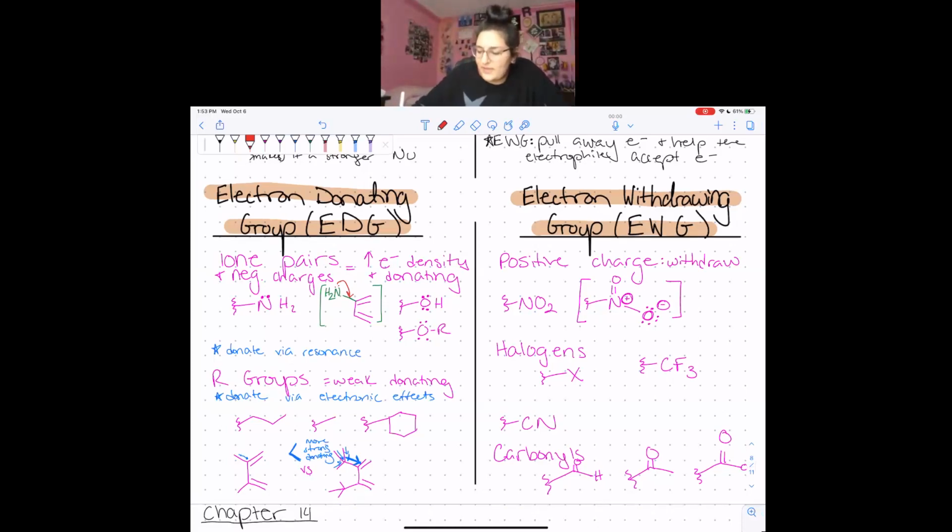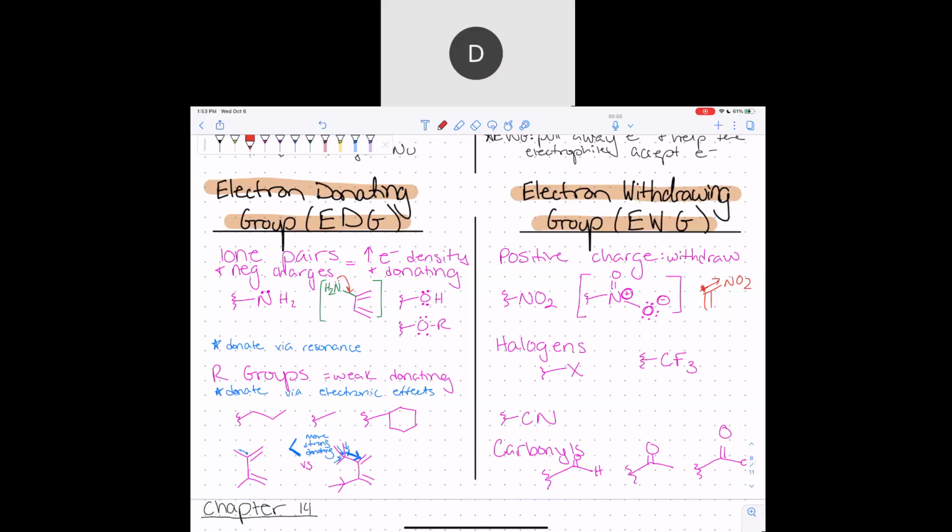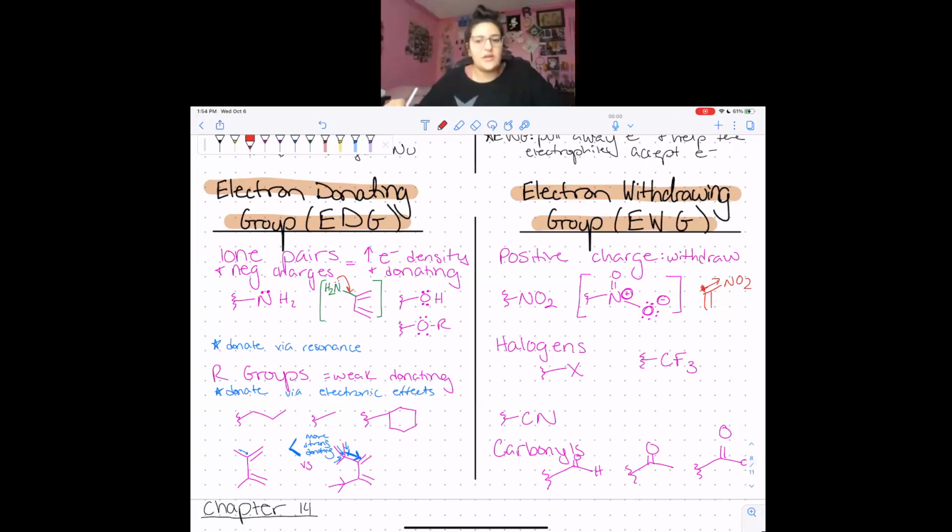Whereas if I had something like this, that's going to take electrons away from the system. So that's all I mean by donating and withdrawing. So if it had more withdrawing groups, it would get fewer electrons. The electron withdrawing groups are good for the electrophile because they make it more positive. Since these electrons are being taken away, this becomes more positive.